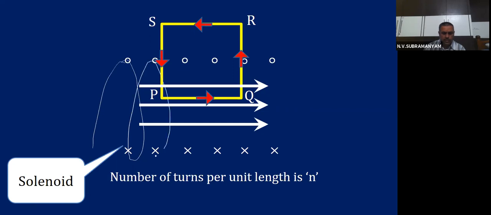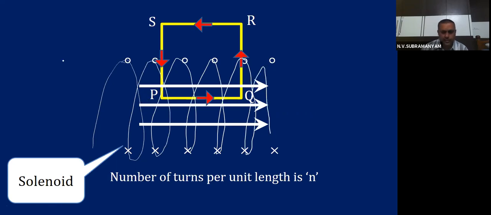This is our solenoid. So you must remember that the wire is there. Wire should be always imagined. And here current is coming outside. Here current is going inside. These are all the points where current goes inside. These are all the points where current comes outside.